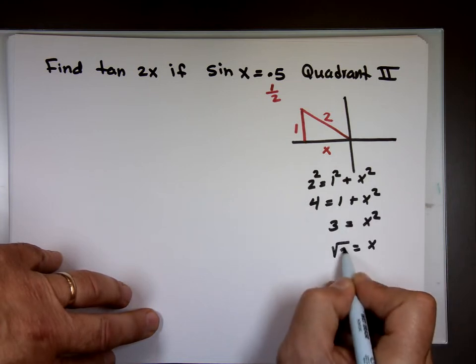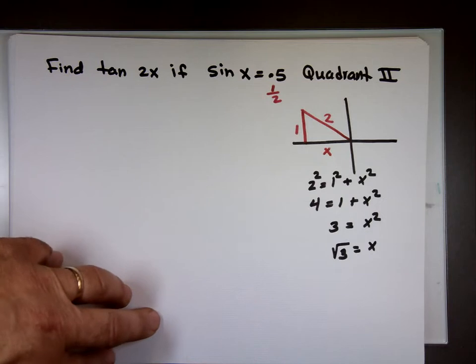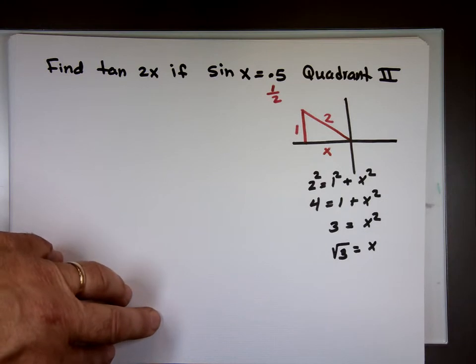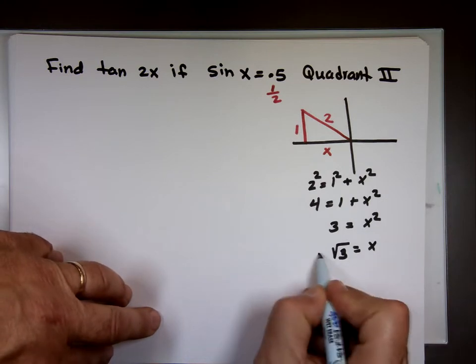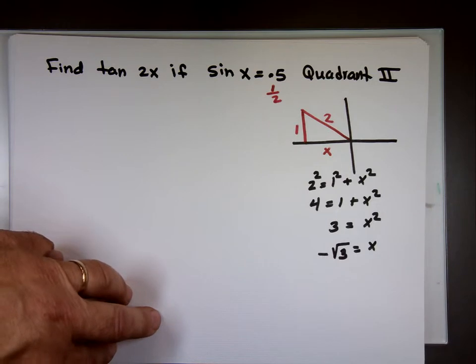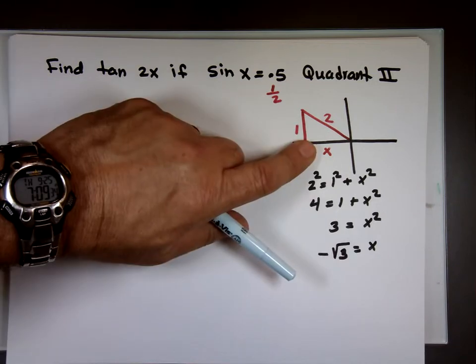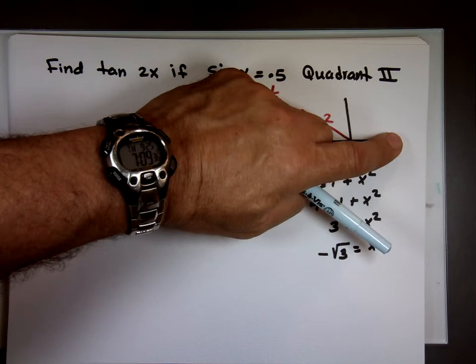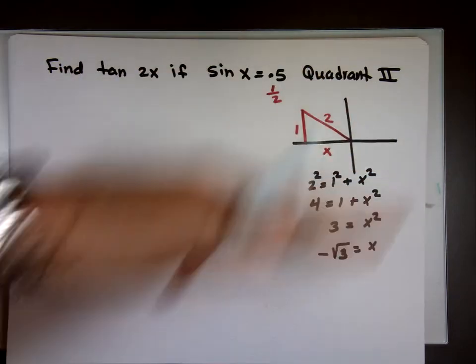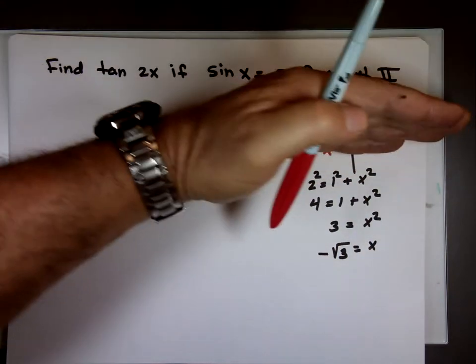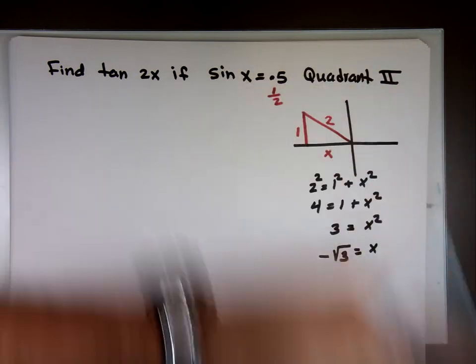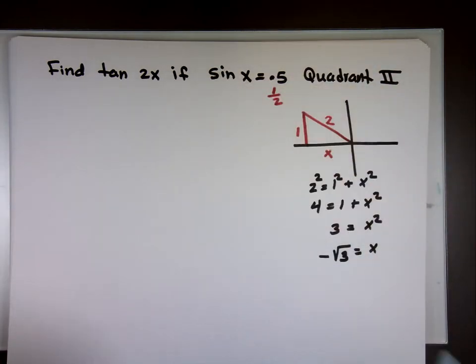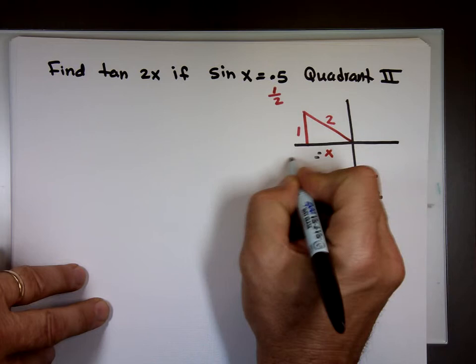Square root of 3. Now, is it positive or negative? Negative, because you knew which quadrant. In quadrant 2, x is negative; y is positive going up and negative going down. So this is actually minus the square root of 3.